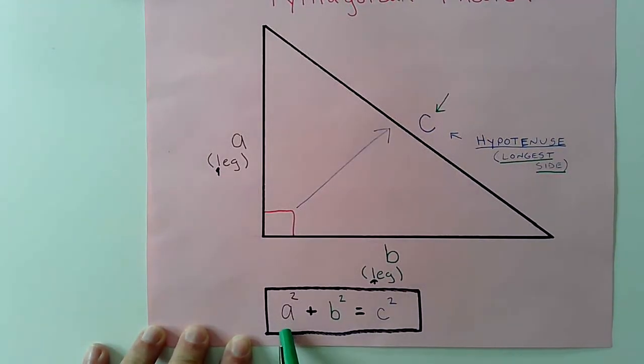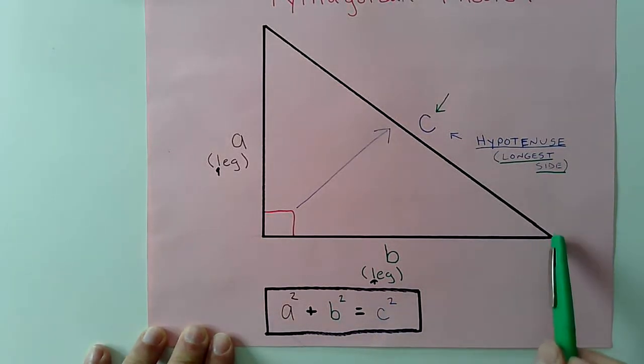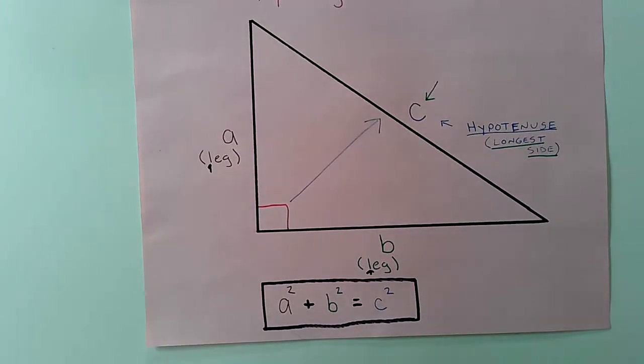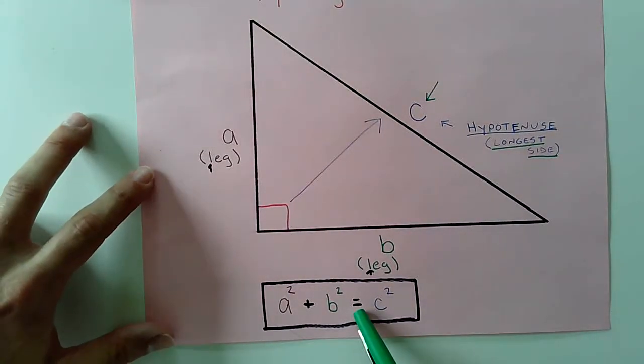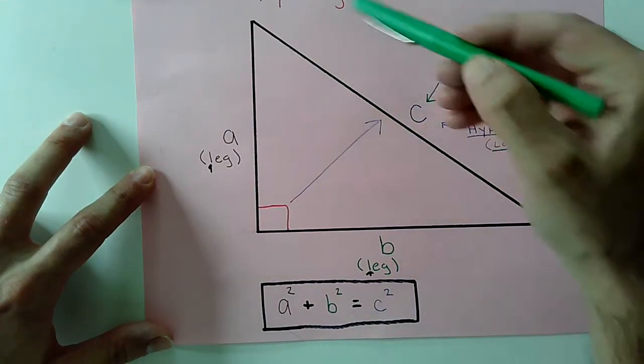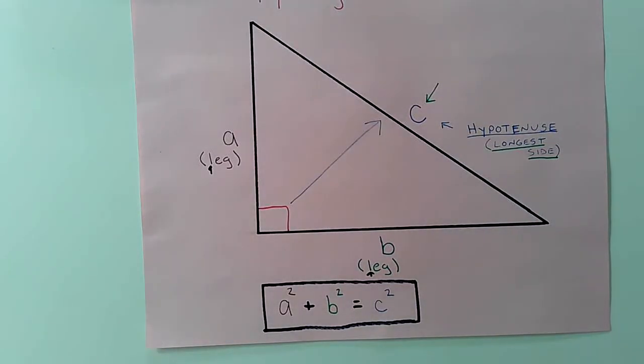If I take that number and add it to the other leg's square, so I build a square going this way, that number that I get when I add those together will be equal to whatever this number is squared. So if I built that square off of the hypotenuse, it would equal that value.